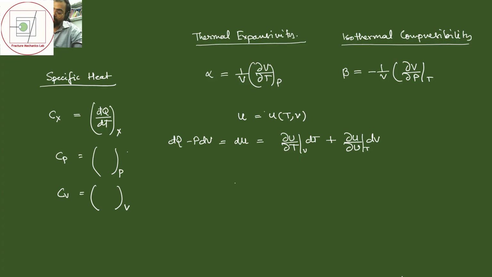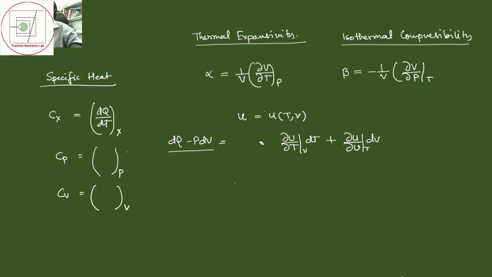With this, let us try to find out using this relation. This is equal to that relation. So let us remove the middle term.